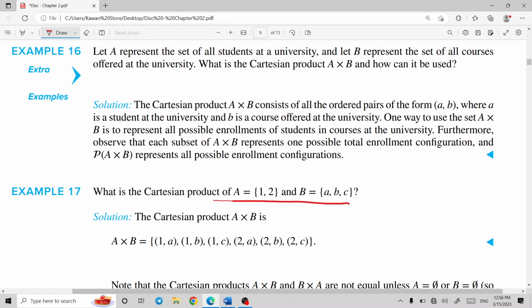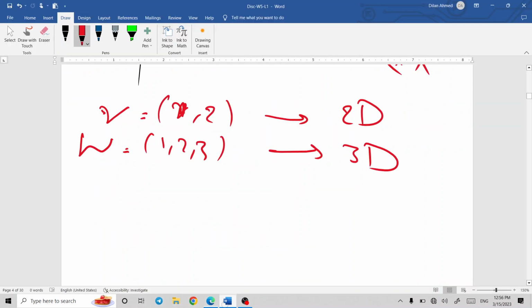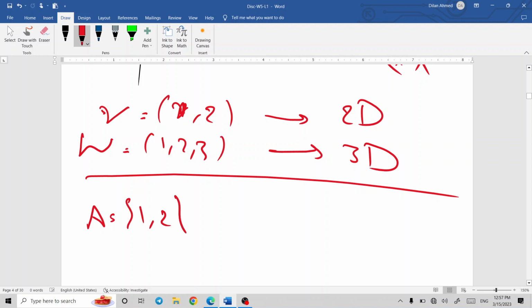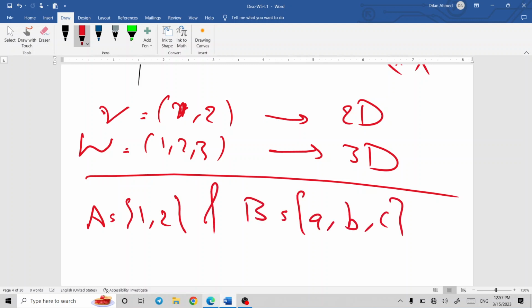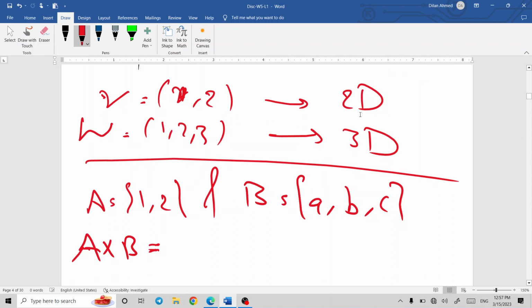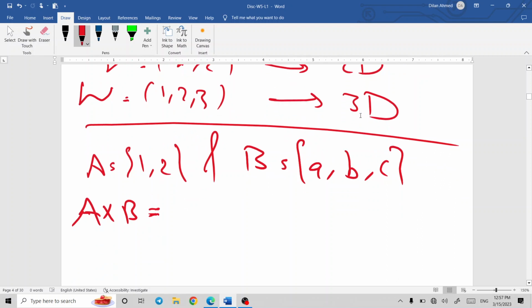Here's the example. We have A equal to {1, 2} and B equal to {A, B, C}. Am I right? So give me A cross B equal to what? Cross is multiplication between the first with the first, then the second.